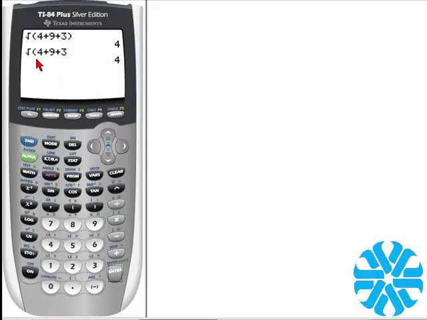Basically what this calculator does is it recognizes that if there is a parenthesis on the left-hand side of the radicand, it's going to assume that everything after the left-hand parenthesis is underneath the radicand. That's a very, very important thing for you to realize.